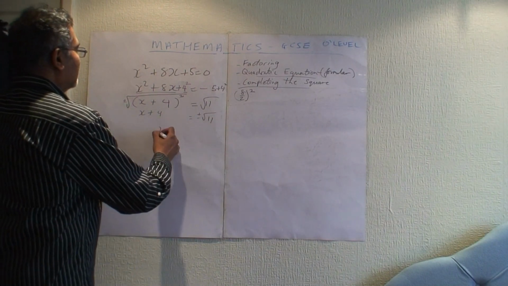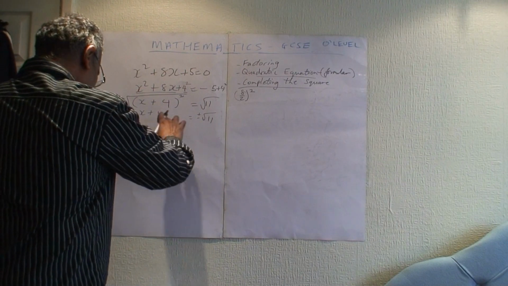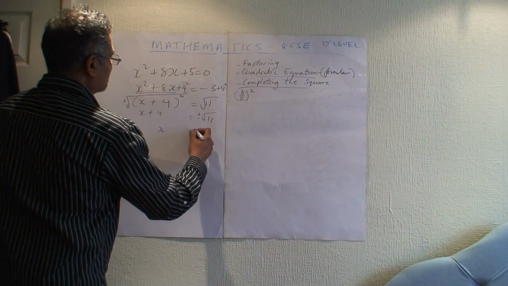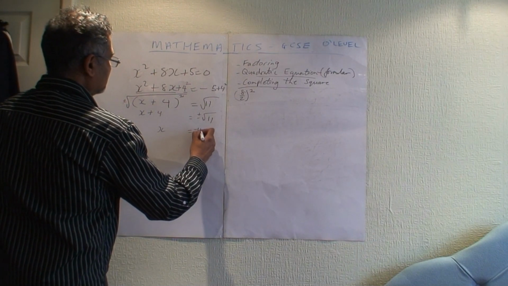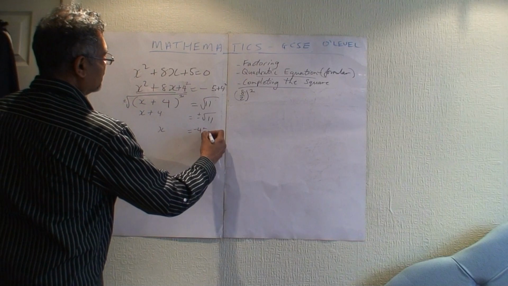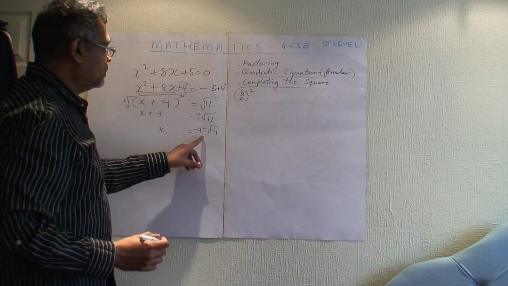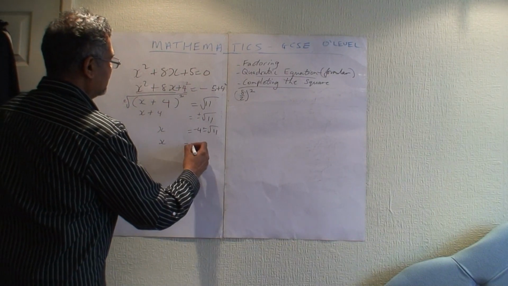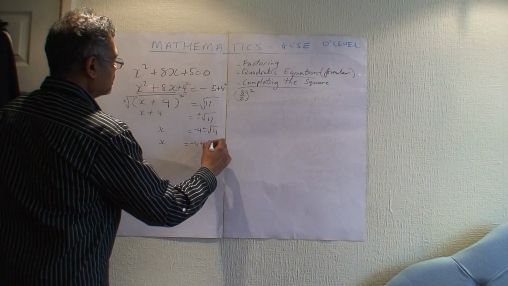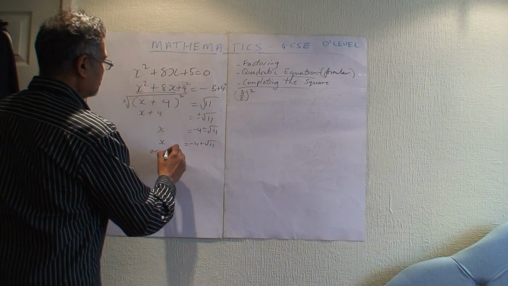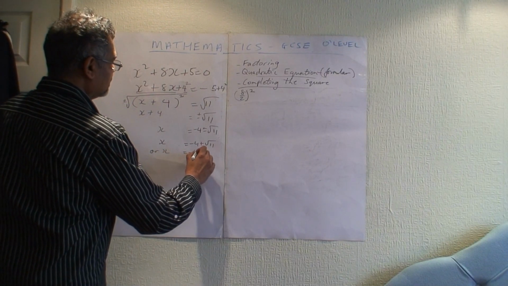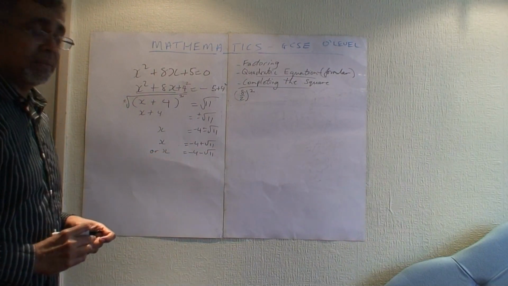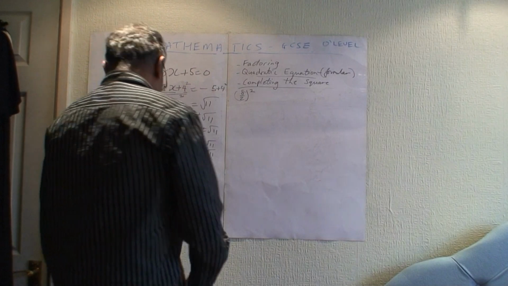To find the value of x, we subtract the 4 on both sides, so we have negative 4 plus and minus the square root of 11. So we have two answers: x is minus 4 plus the square root of 11, or x is equal to minus 4 minus the square root of 11. So there are two answers for this one. Now we can look at another example.